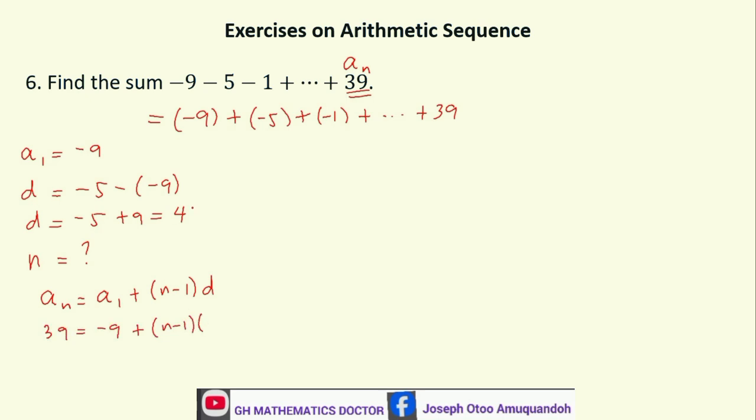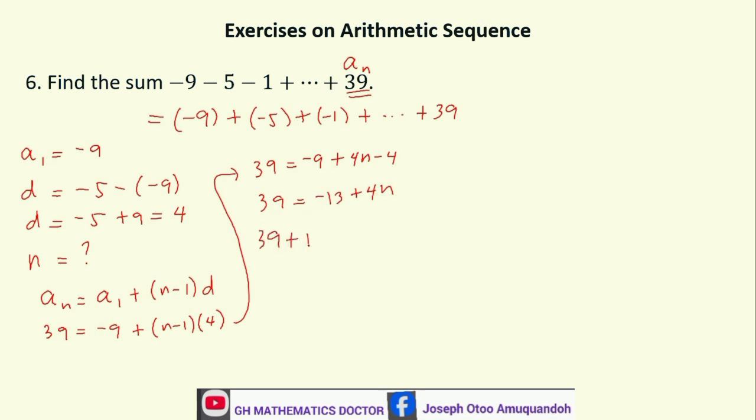So substitute a and d into the formula so that we can have our simple linear equation and find the value for n. So let's group like terms, simplify, then group like terms here.